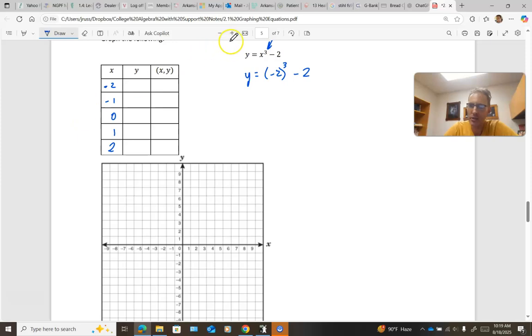All right, well, (-2) cubed means 3 -2's multiplied. -2 times -2 times another -2 is actually -8. And if we take 2 away from that, we're going to get -10. Okay, so that gives me an ordered pair.